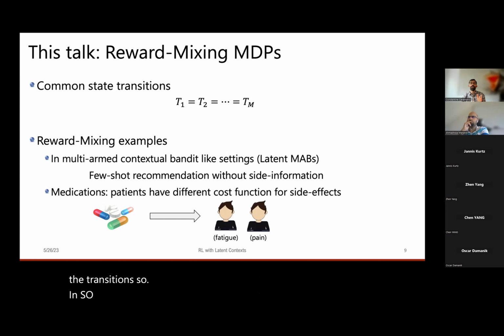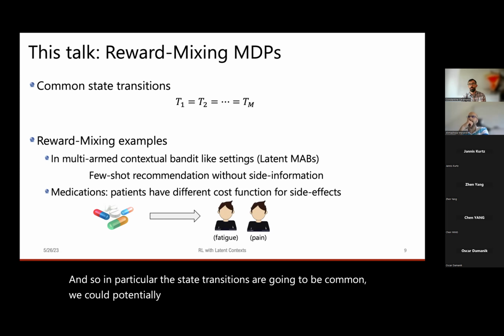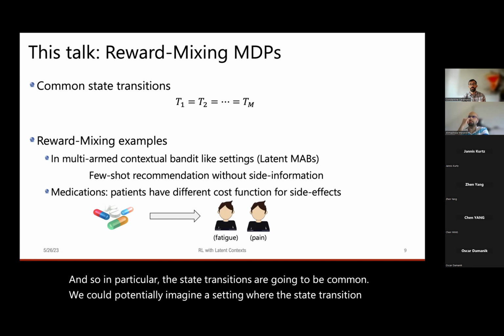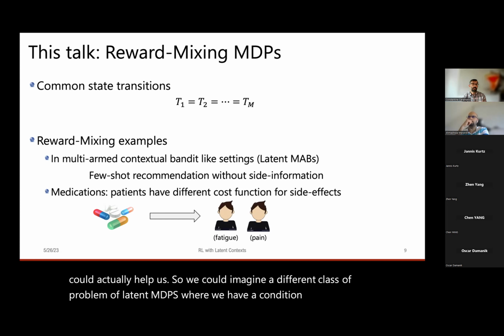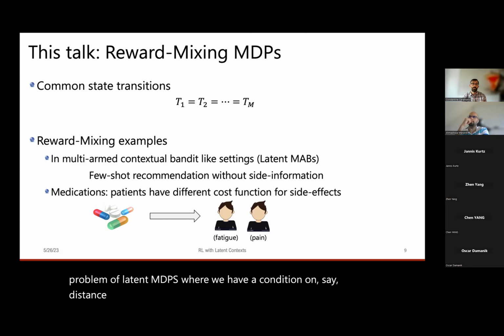In particular, the state transitions are going to be common. We could potentially imagine a setting where the state transitions could actually help us. So we could imagine a different class of latent MDPs where we have a condition on, say, the distance between transition probabilities, and that would actually help us. In this case, we don't have that.